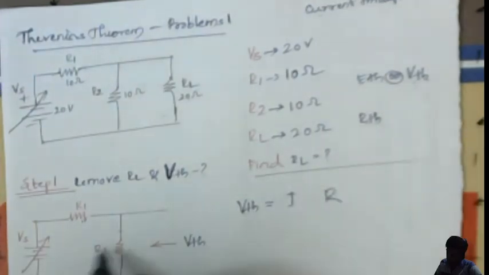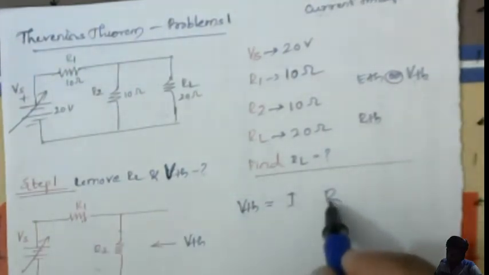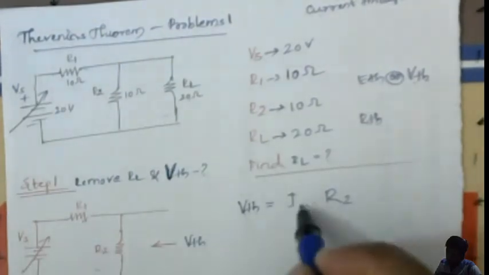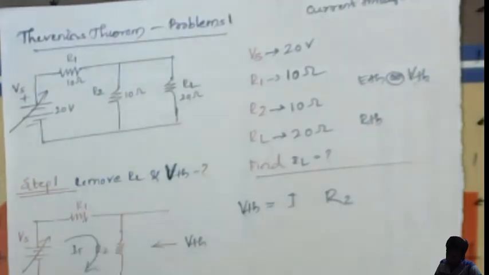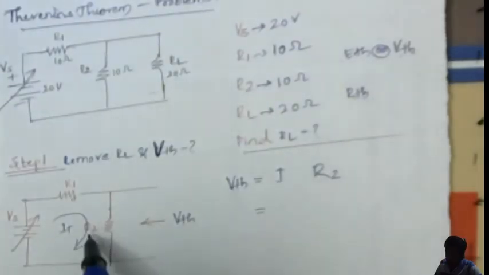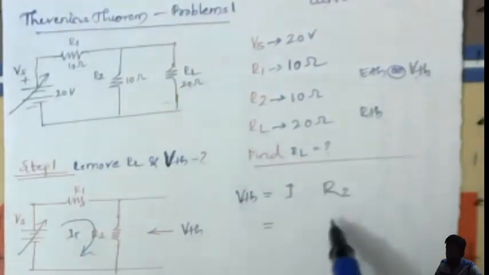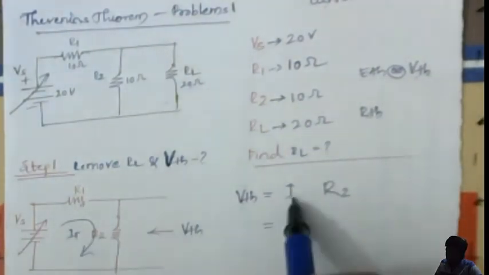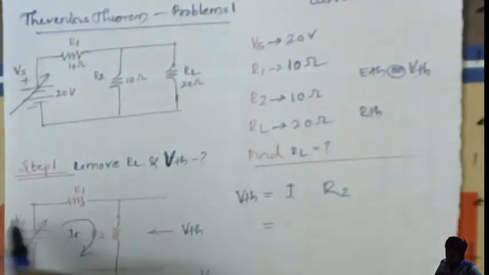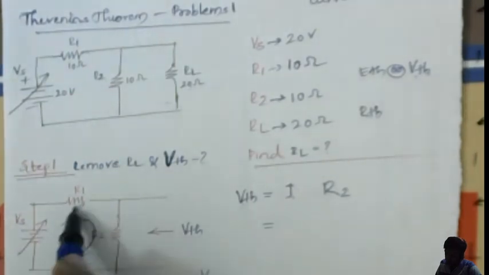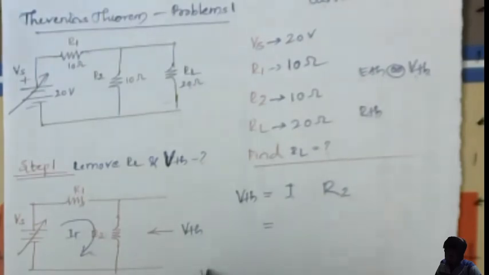So the R is nothing but R2, I is nothing but IT. The value of R2 is given, that is 10 ohms. But I don't know the value of IT. In order to find out IT, separately we can write IT is equal to V by R. V means total independent source V, R means total resistance.